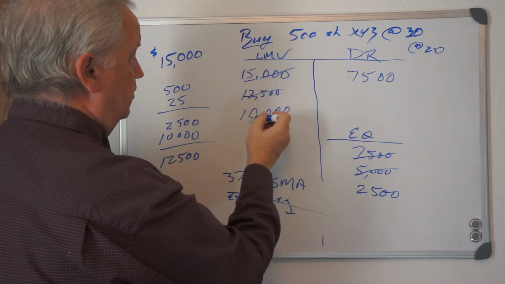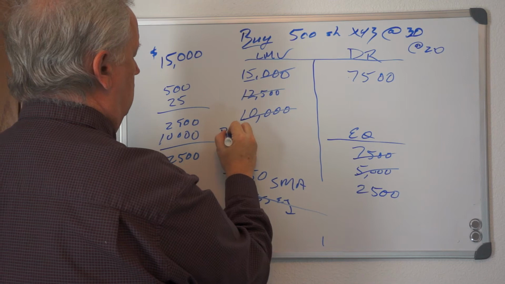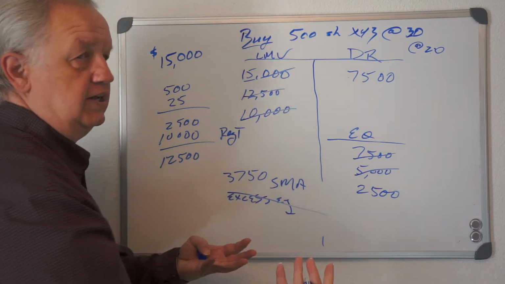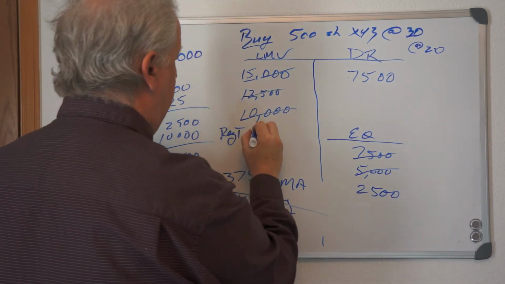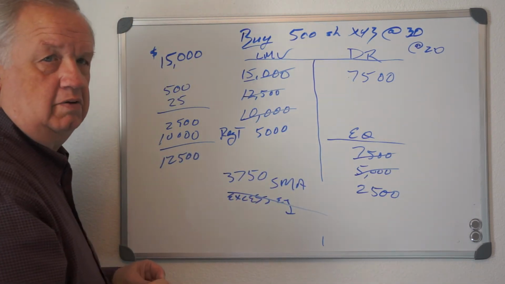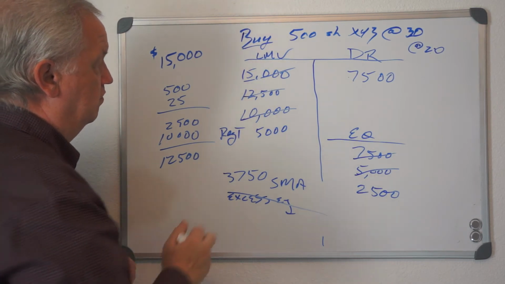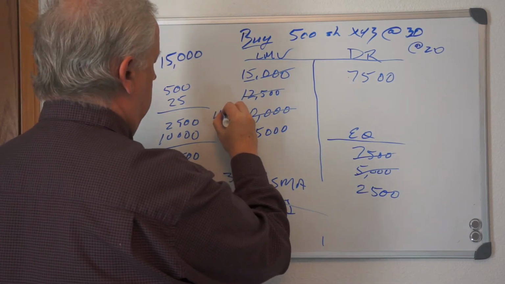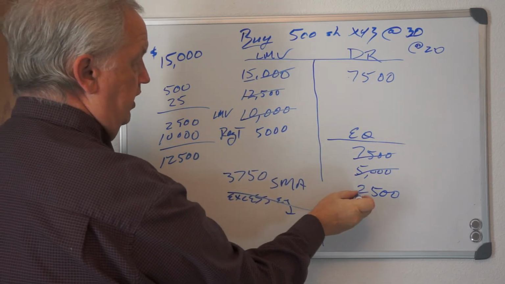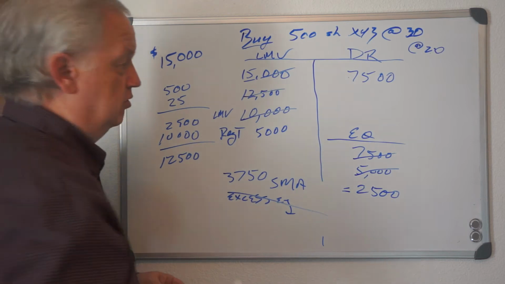So market value at 10,000, what's Reg T on that? 5,000. If you were going to finance 10,000, you would have to pony up $5,000. Your market value is 10,000. Your equity is equal to that. What is your maintenance level?